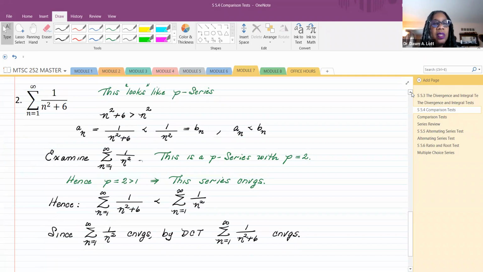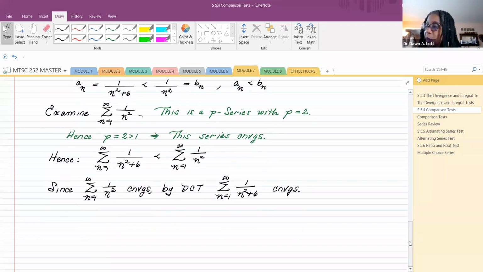All right, so this second series converges because it's less than a series that also converges. Okay. Number 3. I forgot, I don't have to write number 3. I already have it. It's already prepared for us.